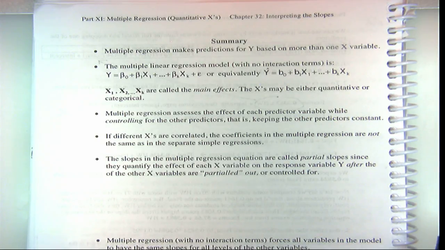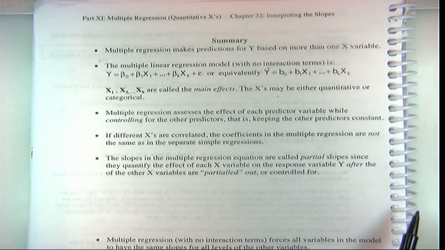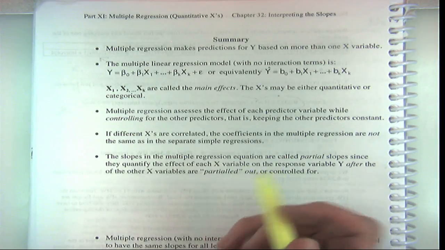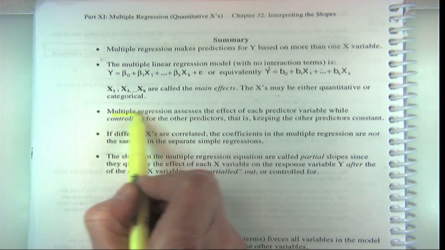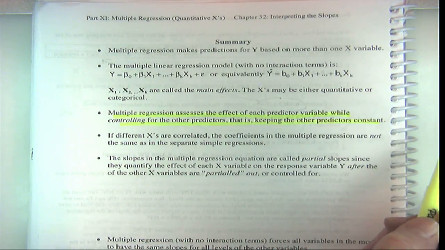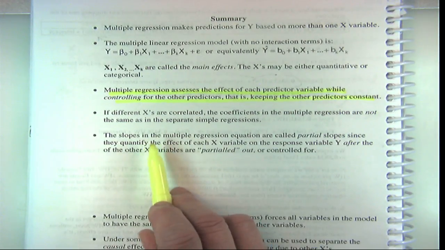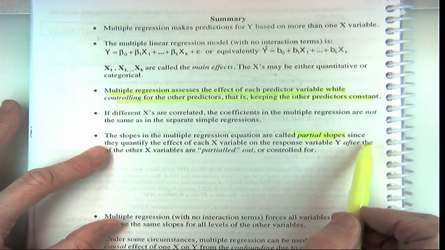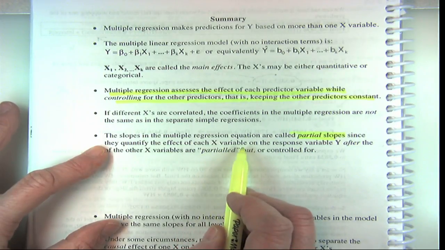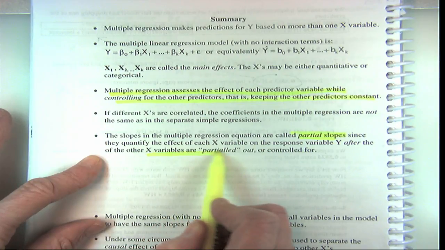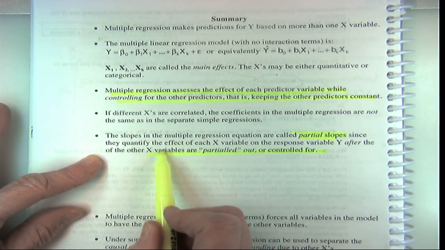And now let's just sum up. Let's see what we want to remember here. Probably all of it. Multiple regression assesses the effect of each predictor variable while controlling for the other ones. The slopes in the multiple regression equation are called partial slopes, since they quantify the effect of each x variable on the response variable after the other x's have been controlled for.